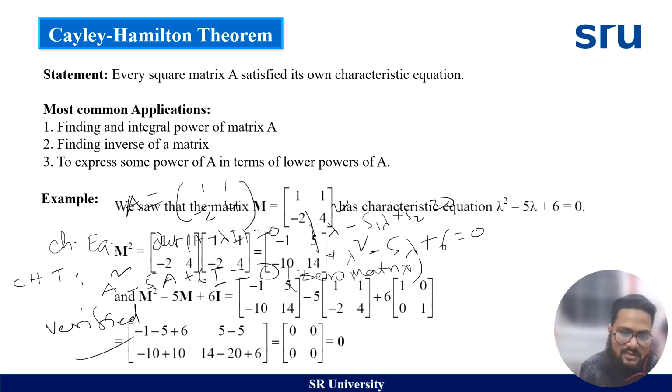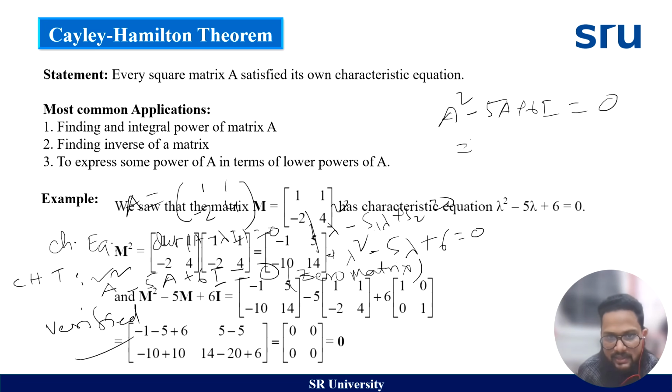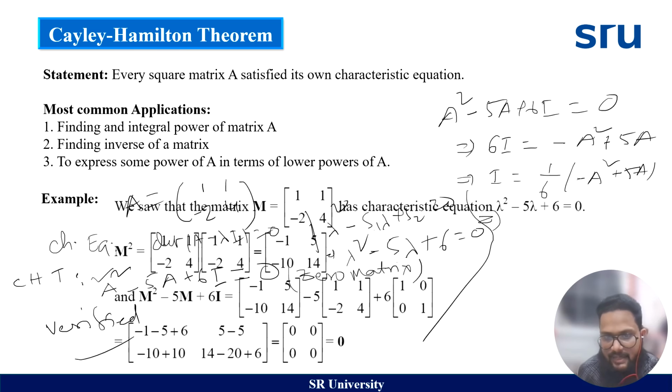Now I am going to discuss how this statement is useful to find the inverse. If you write A square minus 5A plus 6I equal to 0, and take only the constant 6I to this side and the others to the other side, we get 6I equals minus A square plus 5A. Then divide by 6, so 1 by 6 of minus A square plus 5A, then multiply by A inverse on both sides.